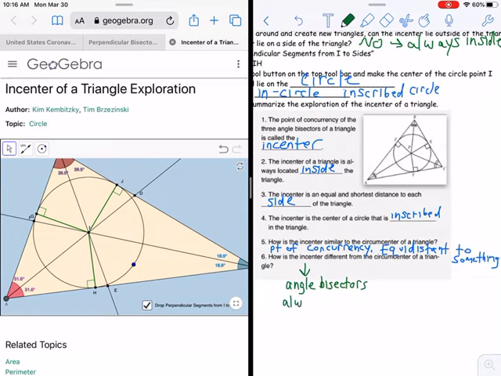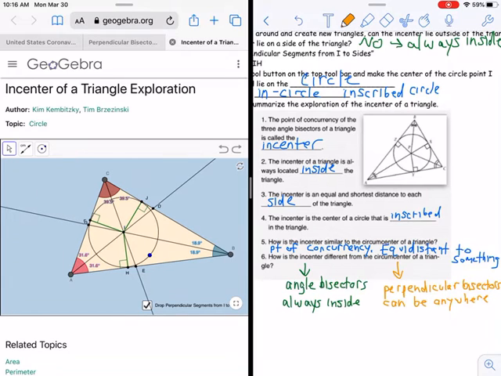It's always inside the triangle. The circumcenter is formed by perpendicular bisectors, and it can be anywhere. If you can recall from the other guided notes, they can be inside, outside, on a side, and so forth.